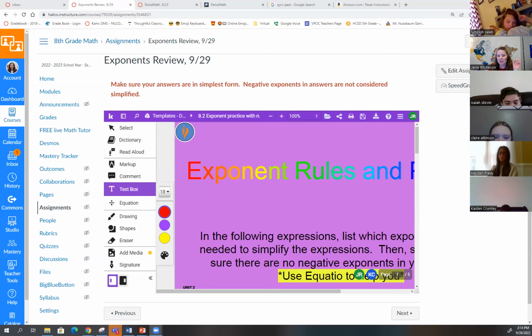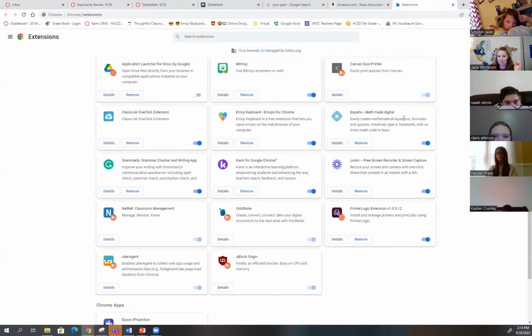Way up here on the right of the screen. Okay, so if you'll click those buttons, you will have a choice that says more tools, okay? And then you're going to come over here and say extensions. So everybody hit extensions.